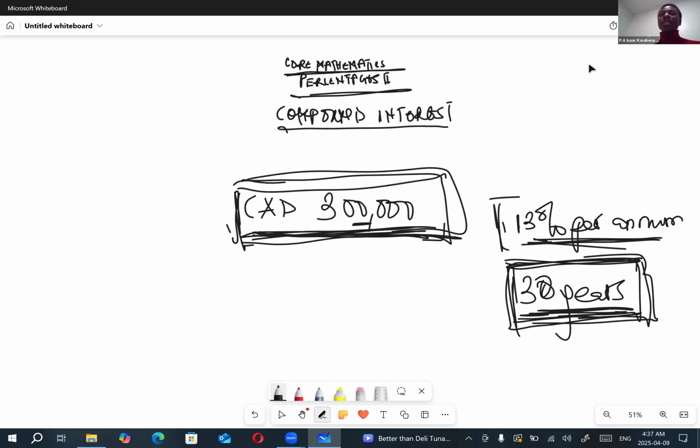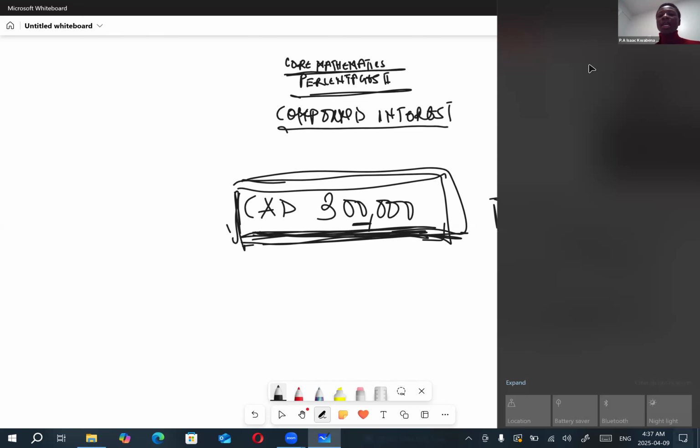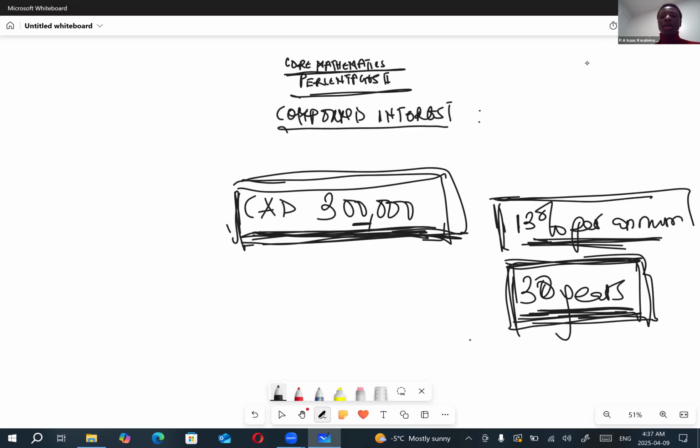Will he pay an interest? Will you pay an interest? This is the money we have paid for you. You are to pay that money at an interest rate of 13% per year. If you are to pay this 300,000 in a space of 3-4 months, will you pay an interest?